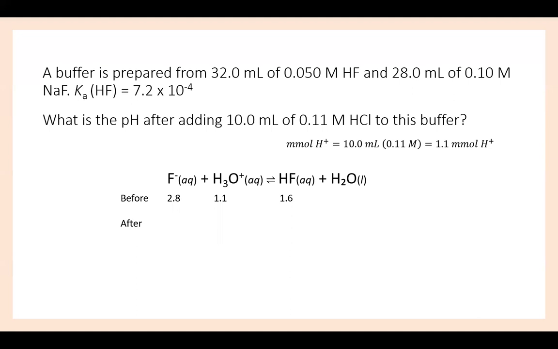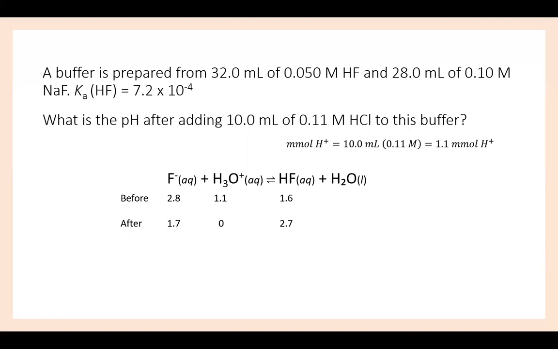So the amount of added acid as H3O plus will completely react to give us 0 left of H3O plus. We subtract the 1.1 from F minus, which gives us 1.7 millimoles of F minus after it reacts, because it's a 1-to-1 ratio.